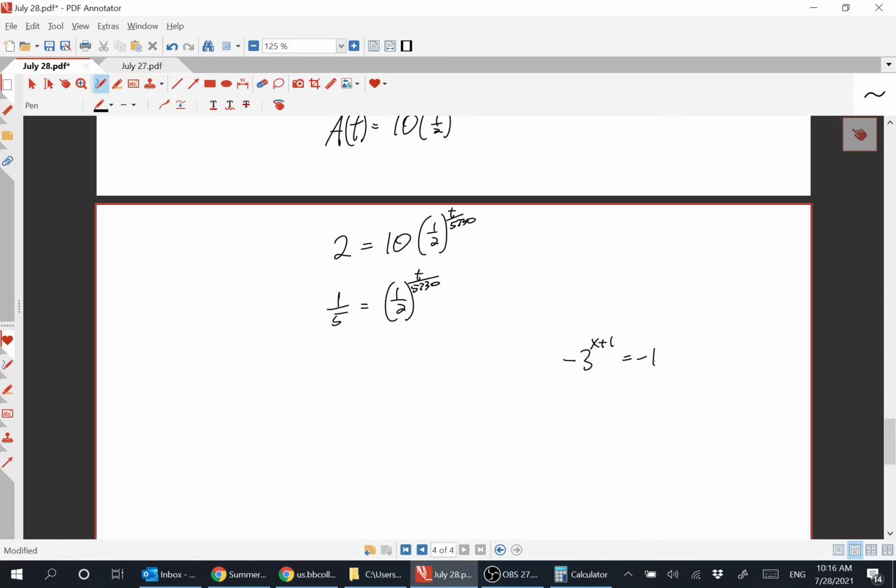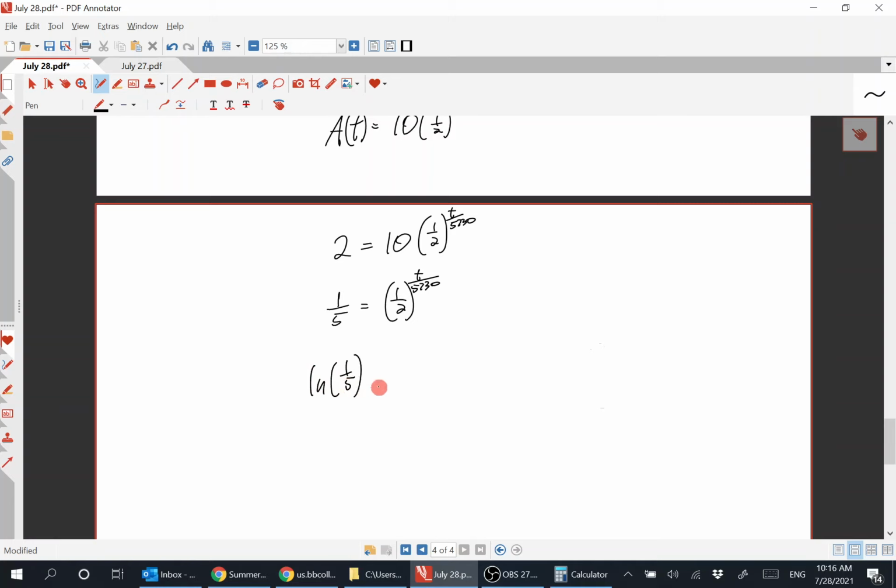People reduced the equation I gave them on that exam to this, which is fine, that's correct, but you can't take the log of both sides here because you have a negative number on the right. The domain of a log function is just strictly positive numbers. But that's fine here because you can just negate both sides. So this just means 3 to the x plus 1 is 1. Now you can take the log of each side. Okay? So there was that.